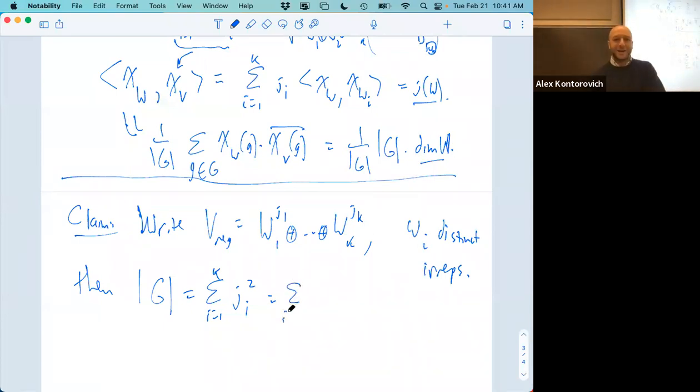So this is a sum as I goes from 1 to K of the dimensions of these subspaces squared.